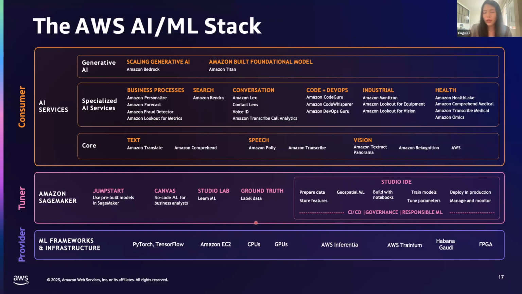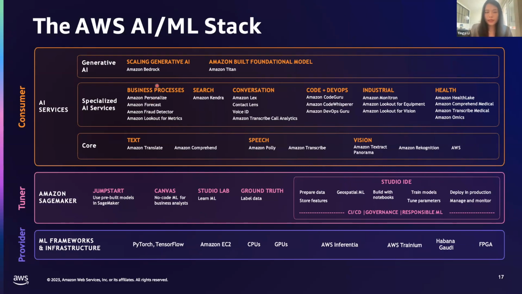And then in the middle, we have Amazon SageMaker. This is an end-to-end machine learning platform offering different selections, different features. It's a collection of features for you to use. If you're a data scientist or machine learning engineer, you can spend your whole lifetime here. And on the top layer, there are API-based services.